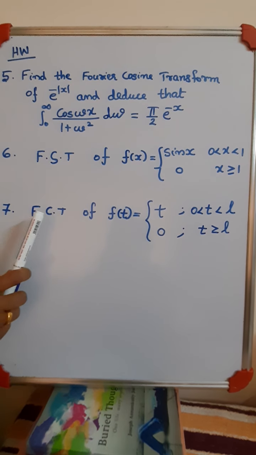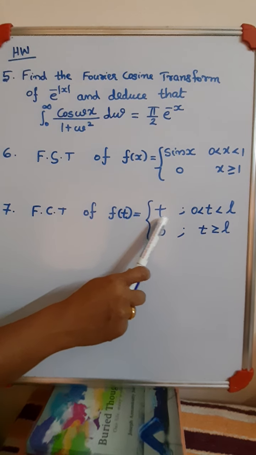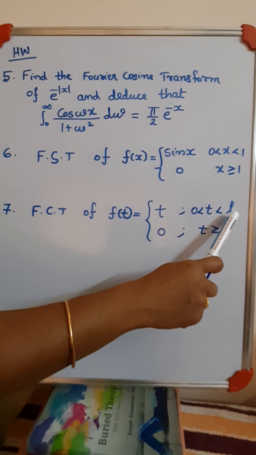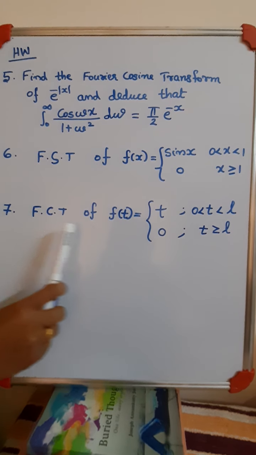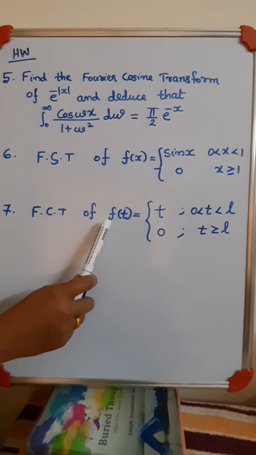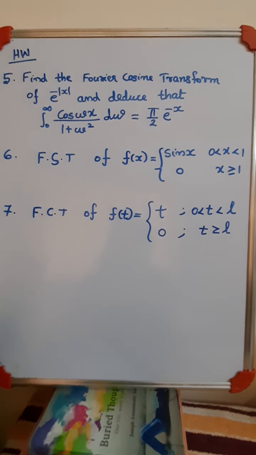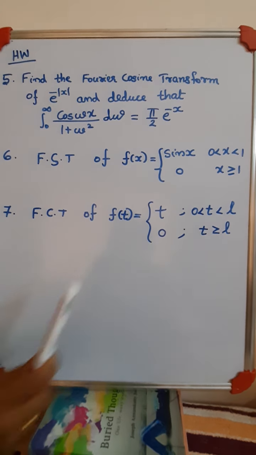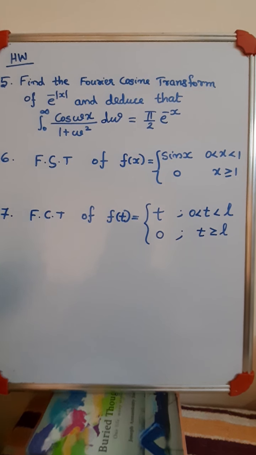Third question, find the Fourier cosine transform of f(t), where f(t) is equal to t for 0 less than t less than L, and 0 where t is greater than or equal to L. In the last question, just convert the question to f(x). Rewrite the question like f(x) is equal to x, 0 less than x less than L, and 0 where x is greater than or equal to L. Then do the third problem.